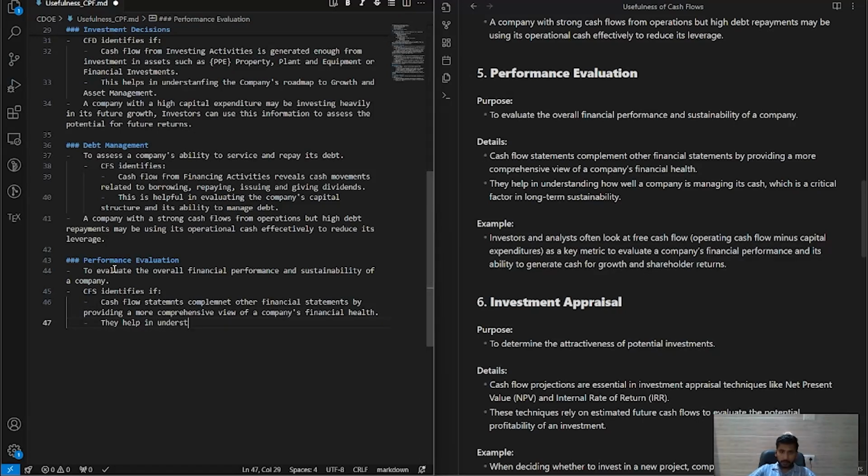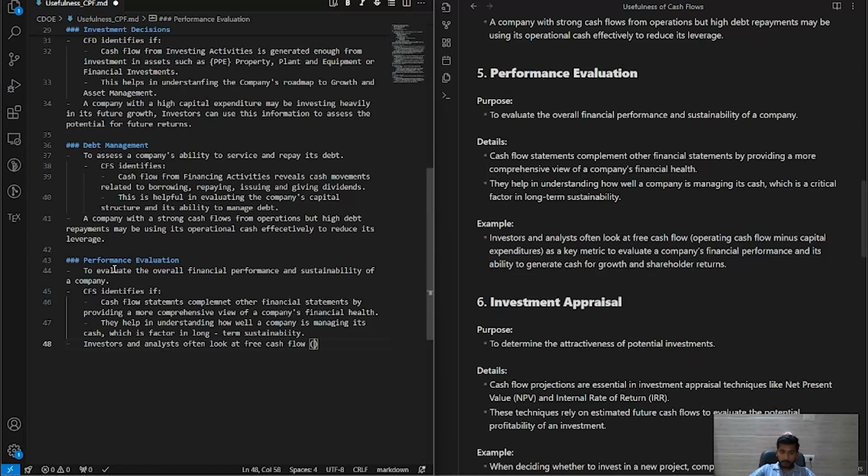They help in understanding how well a company is managing its cash, which is a factor in long-term sustainability. Okay, so investors and analysts often look at free cash flow.